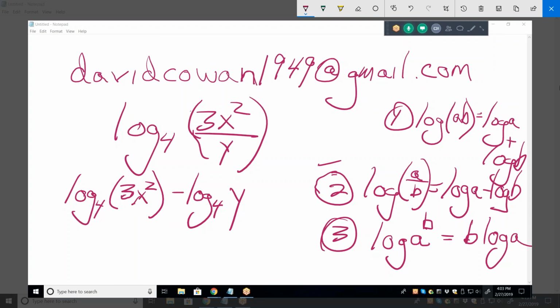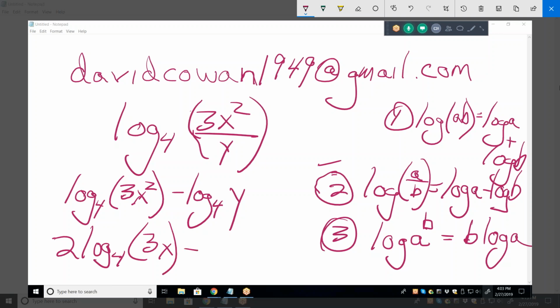If I want to apply rule number 3, how can I expand this further? Well, it's x squared, so 2 log base 4? Yes. Is that right? Yes, that's exactly right. And the argument now is 3x. 3x.